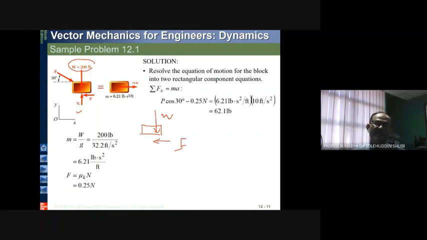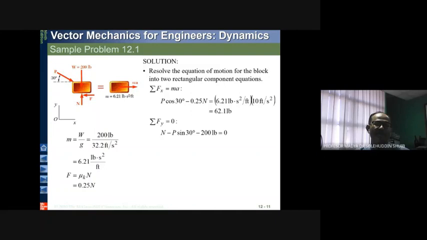So we resolve the equation of motion into two components. We have summation of force in X direction equal to MA, and summation of force in Y direction equal to 0.